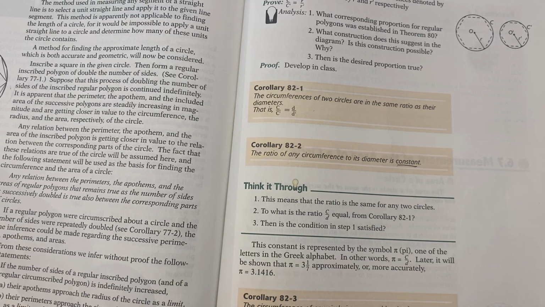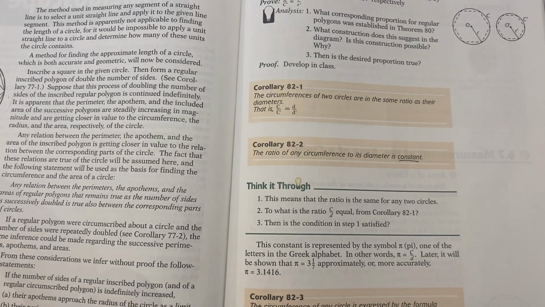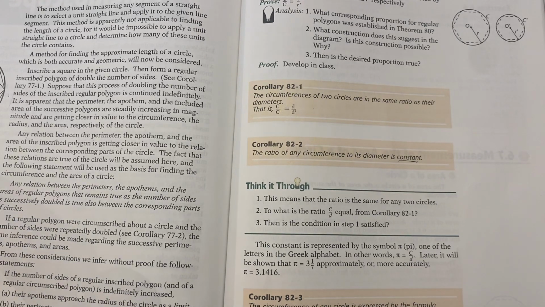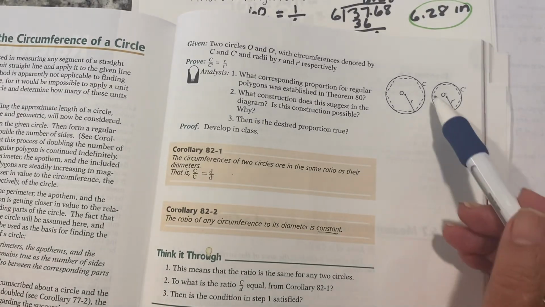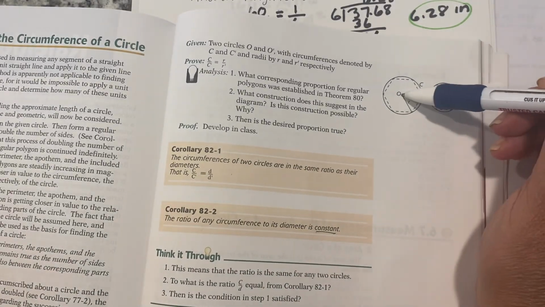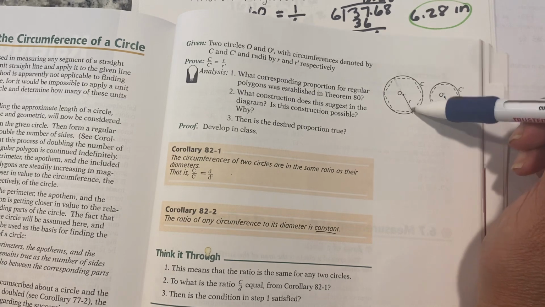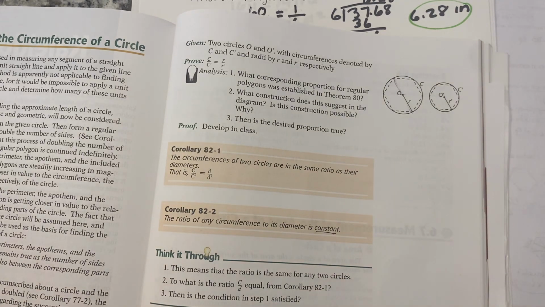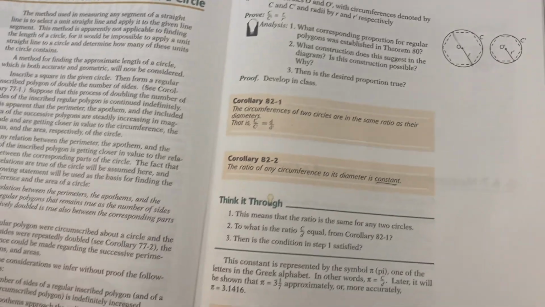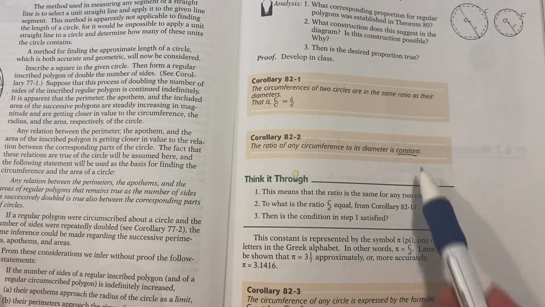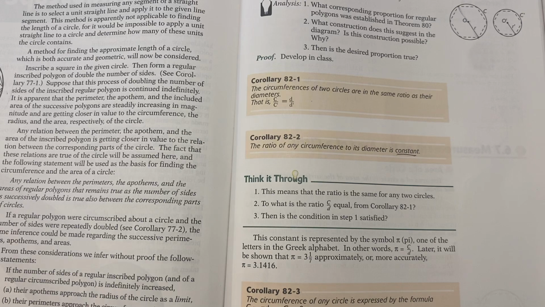What do we call this constant? That means the ratio of the circumference to the diameter. The circumference is the distance around the circle, and the diameter goes across, right? That would be constant. You know what you call this constant? Give you a clue: pi. The ratio of the circumference of the circle to its diameter is called pi.